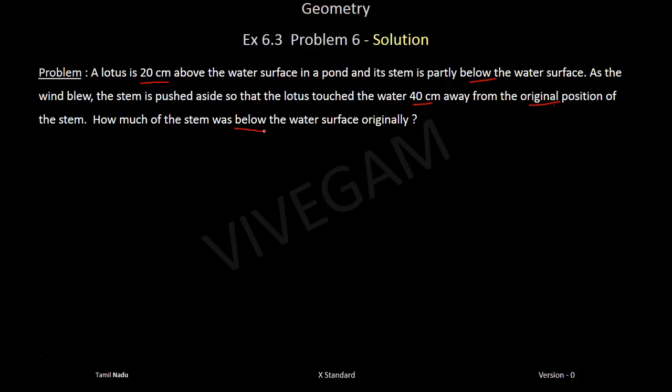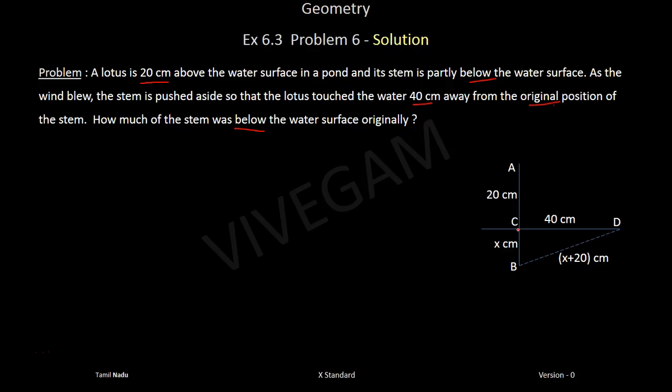So let's draw a simple diagram. Here AB is the lotus, and CD is the water surface of the pond. A is the lotus, the flower there, and this is the stem.